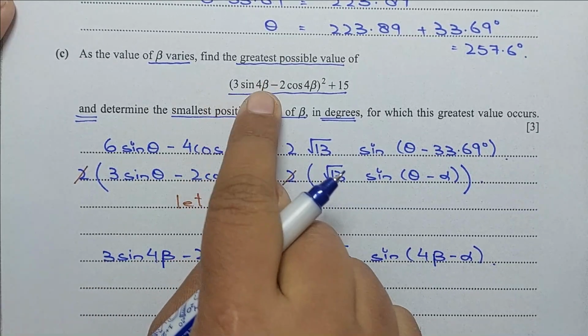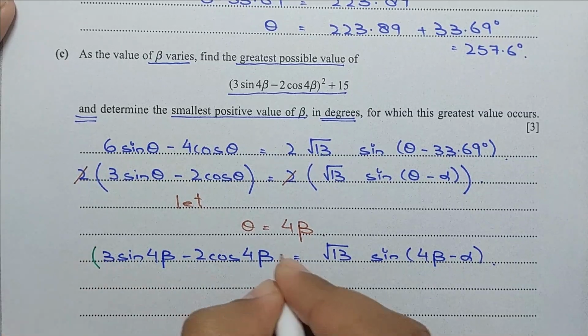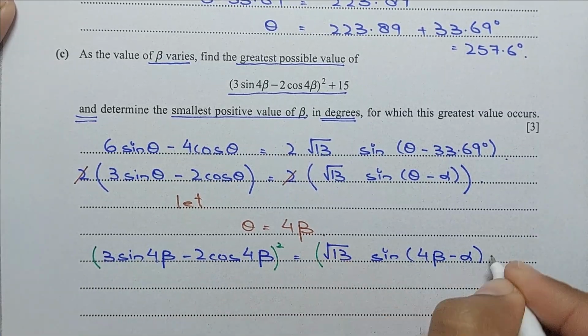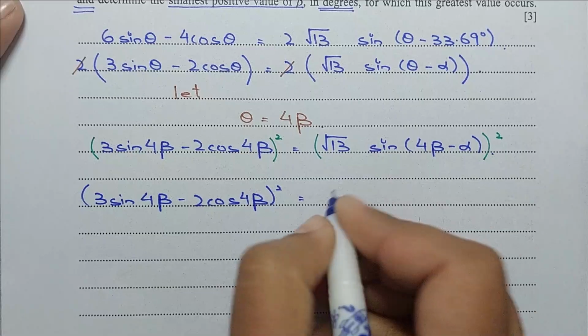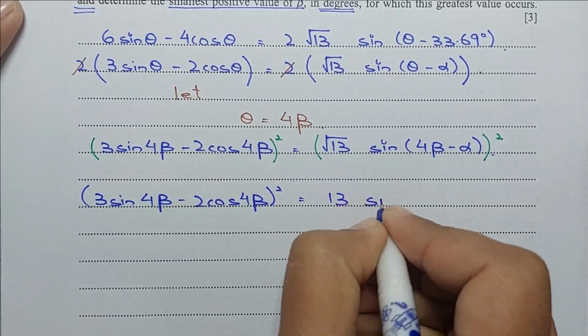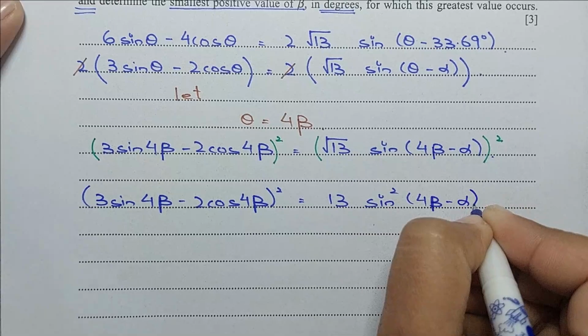Okay, take the square. This whole square equals this term whole square, right? So we can say 3 sine 4 beta minus 2 cos 4 beta, its whole square, would be equal to the square root of 13 squared, which is 13, times sine squared of 4 beta minus alpha.